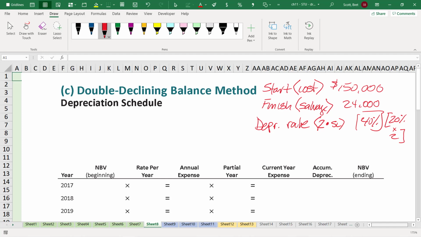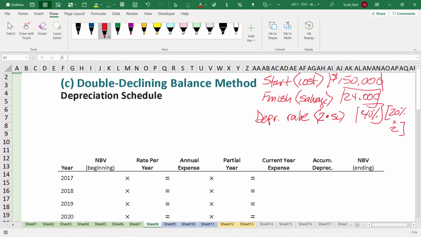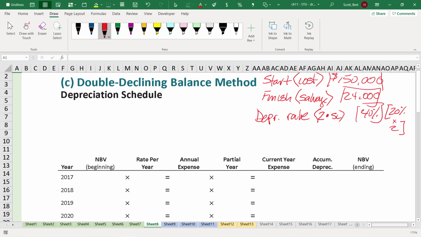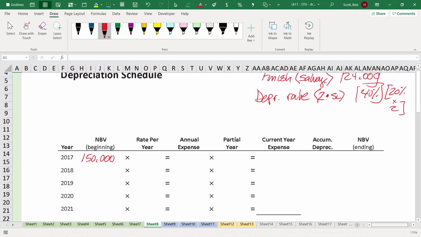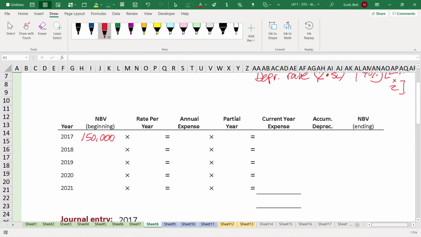These are the key inputs. So plug those into a schedule down below. Beginning, 150. Ending all the way over here. I should have put in a grid. I think I took out my grids. 24. 1, 2, 3.